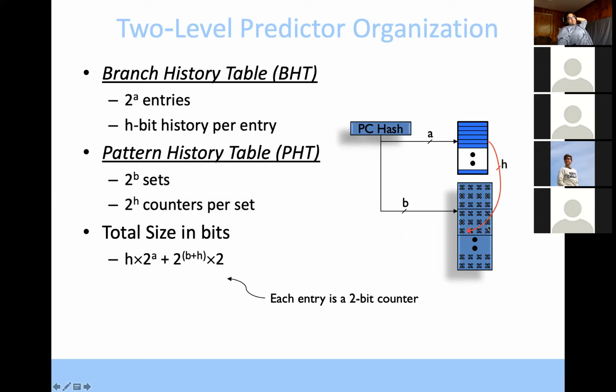And then you have 2^B sets down here with about 2^H counters per set, H being the length of history that you chose to store in the branch history table. So the total size of this table is going to be H times 2^A, right? So you have H bits, 2^A entries, plus 2^B times 2^H times 2, because each entry is a 2-bit counter. That's where this times 2 comes from.